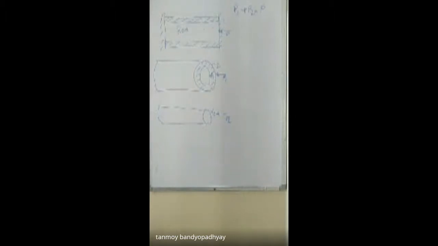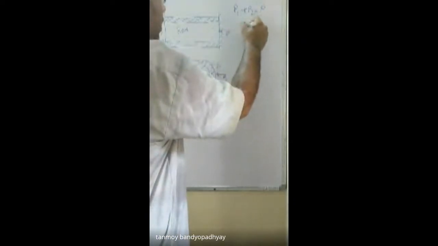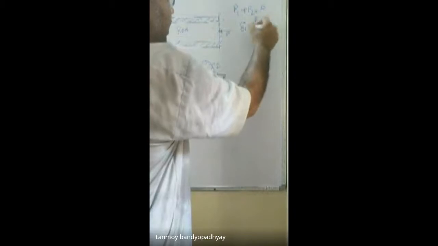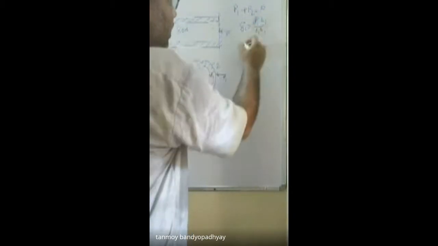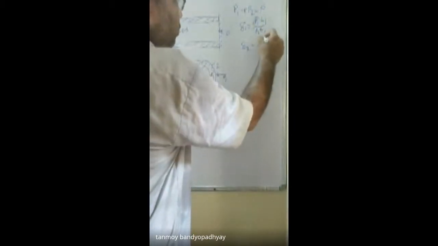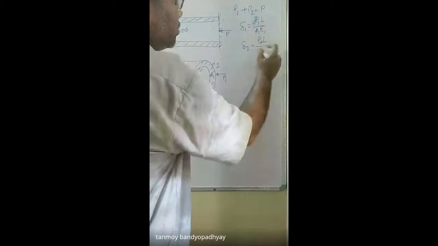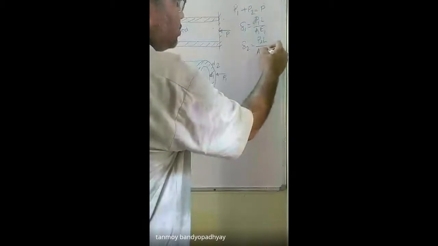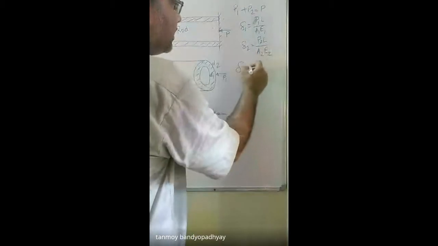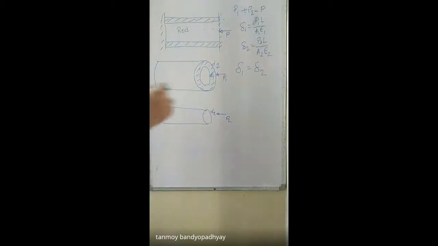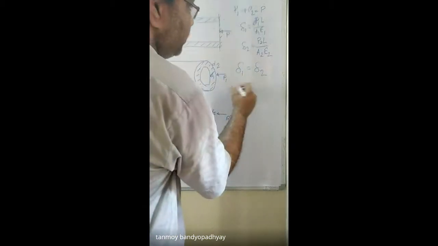In this case, since these are axially loaded, we can find out the deflection in both the parts. So delta 1 is equal to PL by AE, that is P1 L1 divided by A1 E1, and delta 2 is equal to P2 L2 divided by A2 E2, where L is the same. Since they are constrained by the same length, delta 1 will be equal to delta 2.